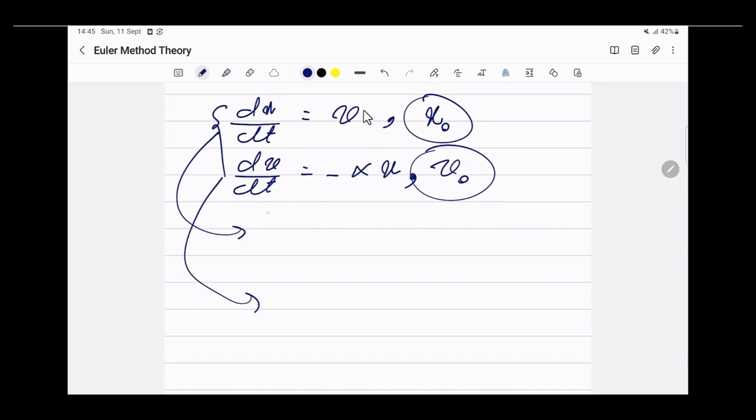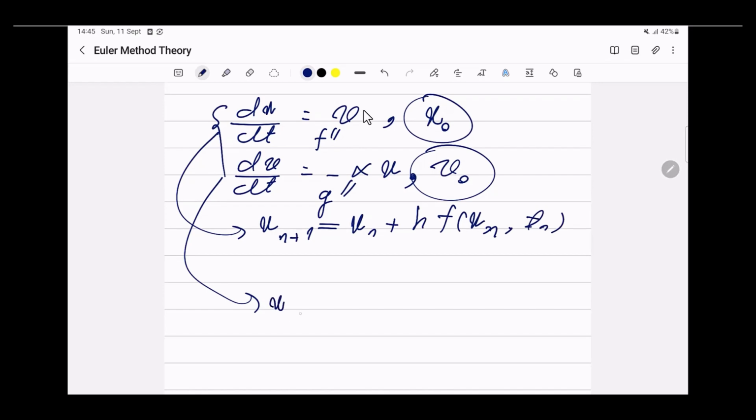semi-independently. So for the first one, you would have x_{n+1} is equal to x_n plus h, and note that this was called f, this was called g, plus h f(x_n, t_n).